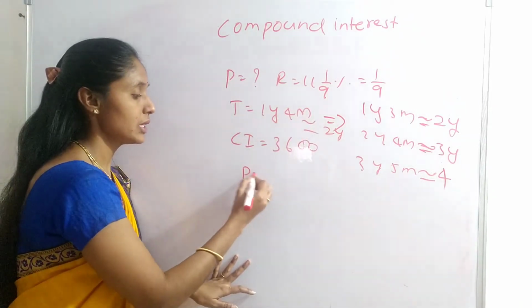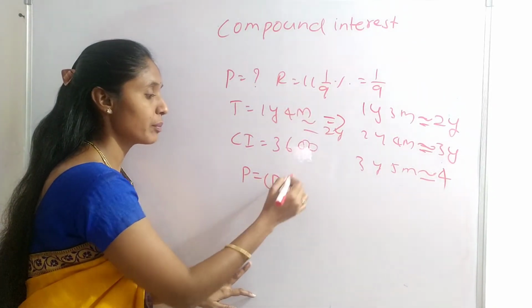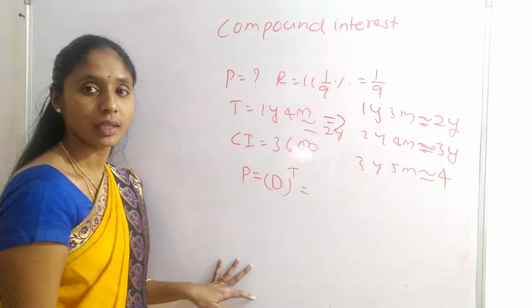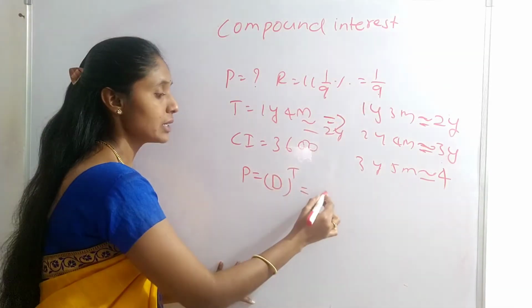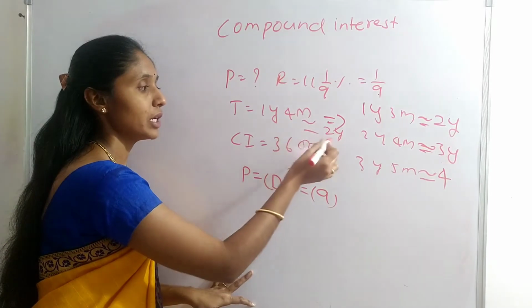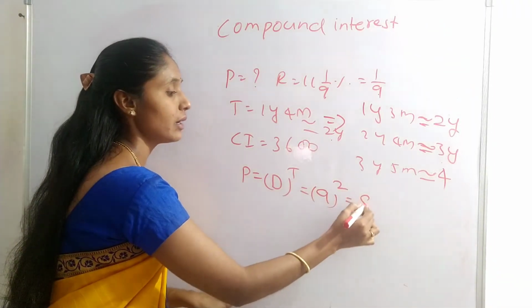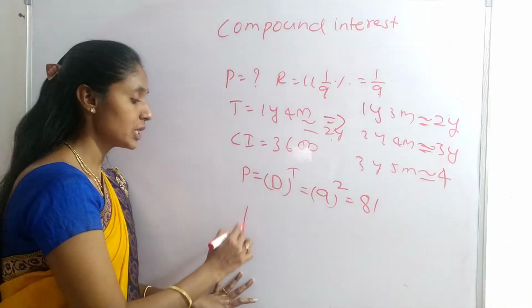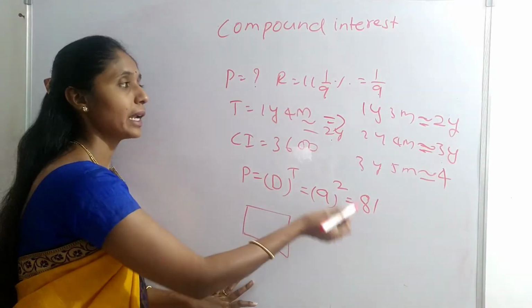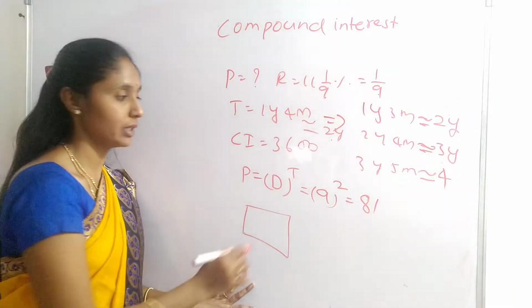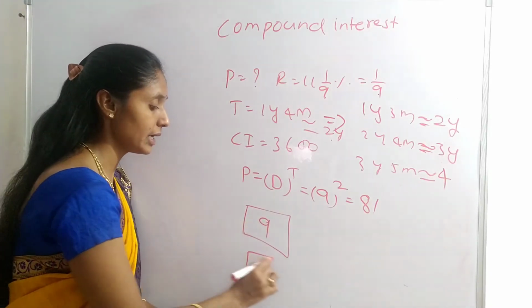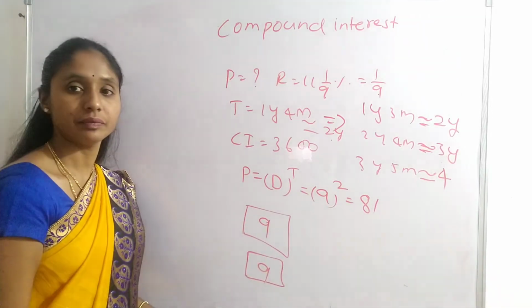Okay. So, principal amount is denominator power t. Got it? Denominator is 9 and power time is approximately 2. So 9 nines are 81. Coming to first year simple interest, 81 into 1 by 9, that is 9, and second year also 9.